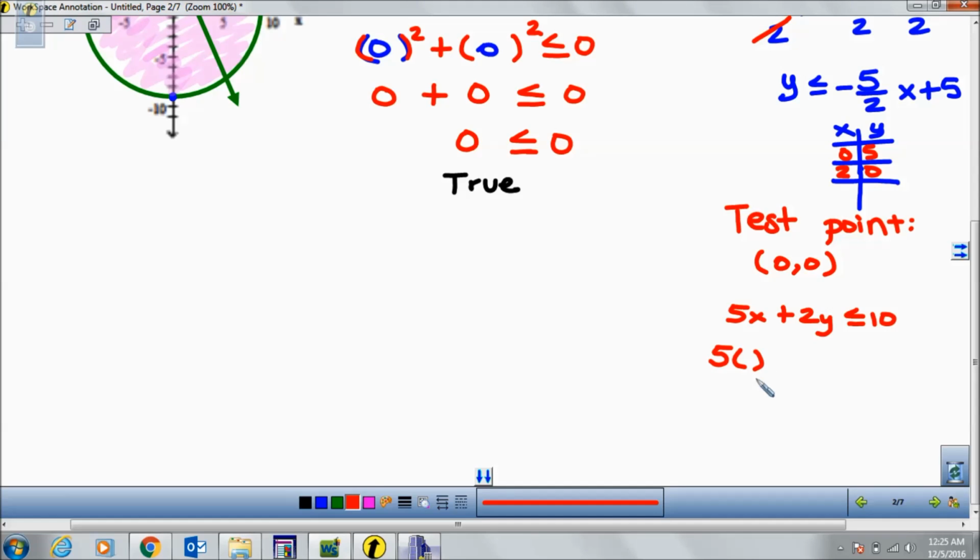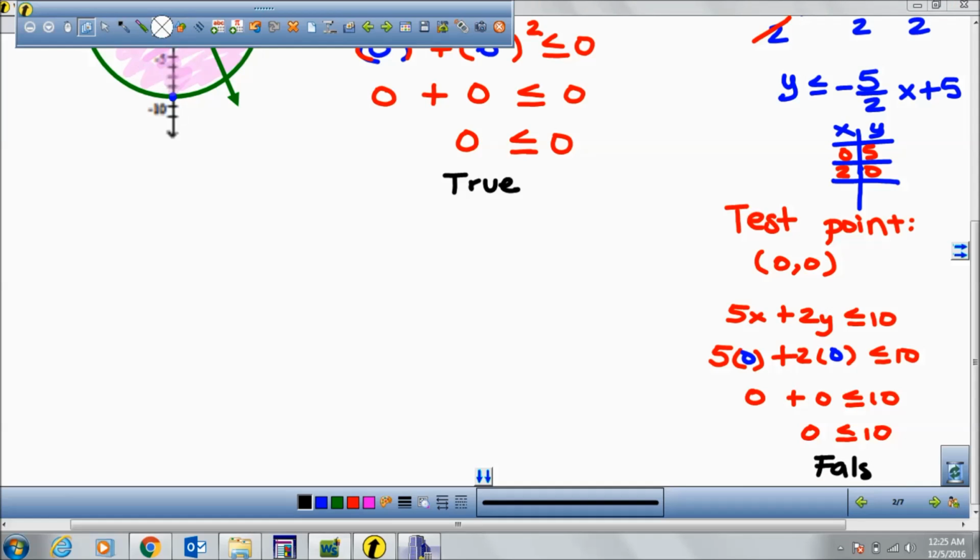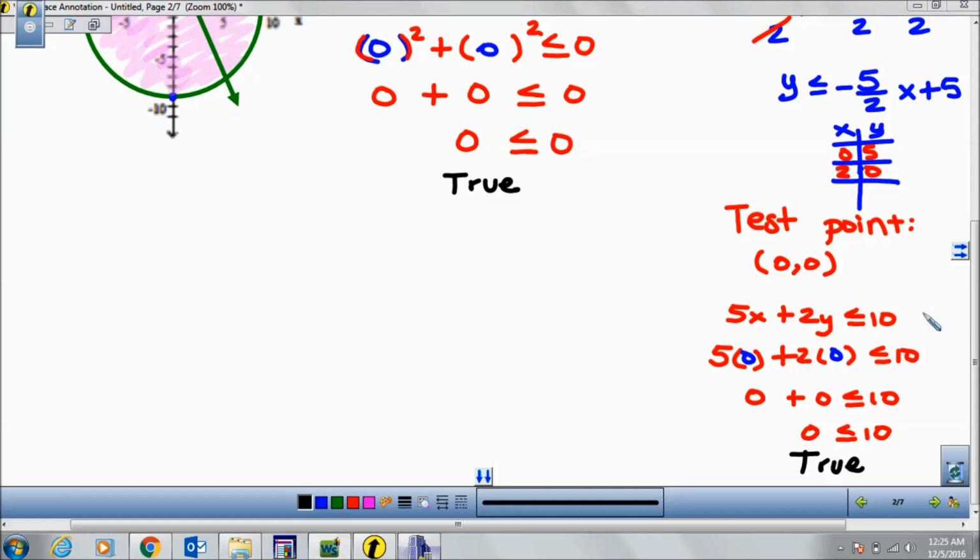So 5 times 0 plus 2 times 0, it's going to be 0 plus 0, 0 less than or equal to 10. So ask yourself, is really the number 0 less than or equal to 10? I think that's true. 0 may not be equal to 10, but it's less than 10.